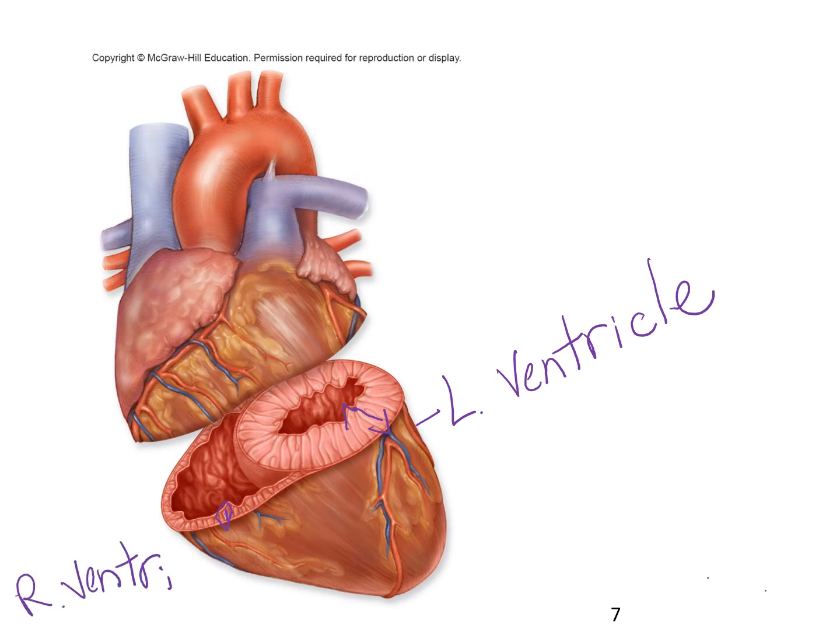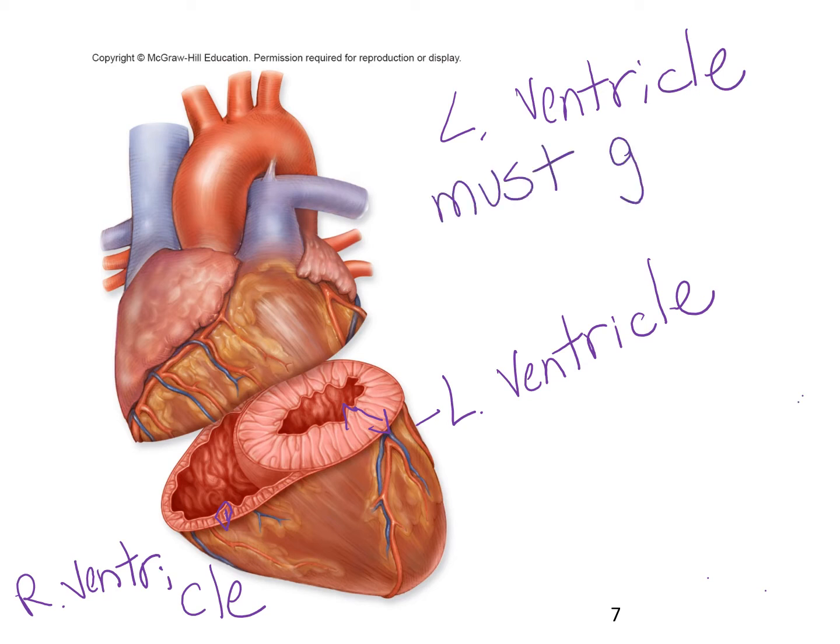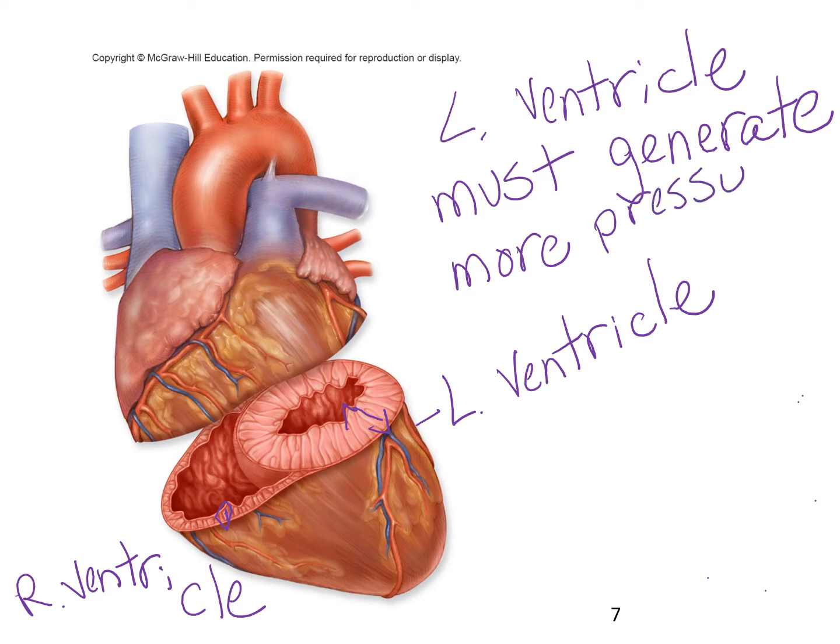Why is that so much thicker? It is not because of a difference in the amount of blood pumped. These two ventricles have to pump the same amount of blood with every beat, otherwise you've got a bunch of blood stuck somewhere. It is because the left ventricle has got to generate more pressure because the left ventricle pumps blood through the systemic arteries. So all the way down to your toes, all the way up to the top of your head. The right ventricle has just got to get blood to the lungs. So the left ventricle, the myocardium, is much thicker because it's got to generate more pressure. We'll talk a lot more about that in our physiology lectures.